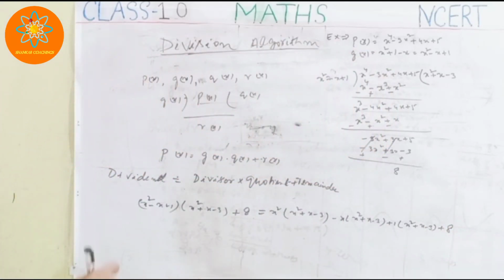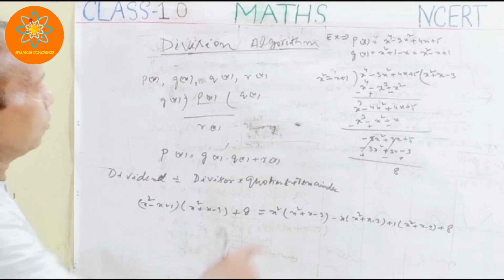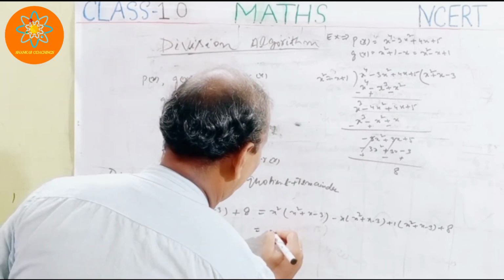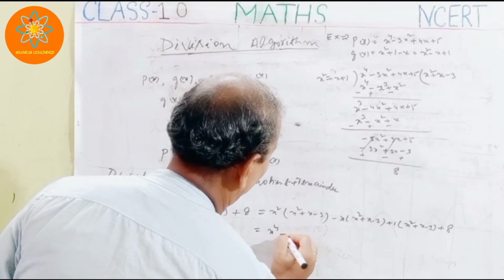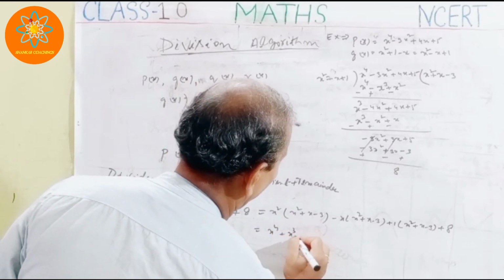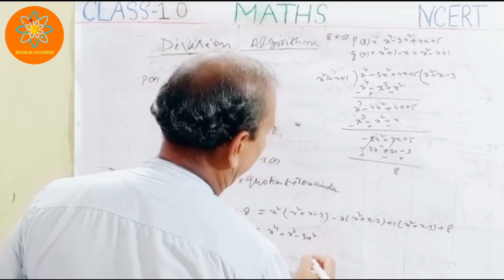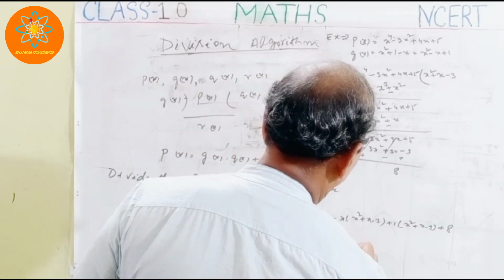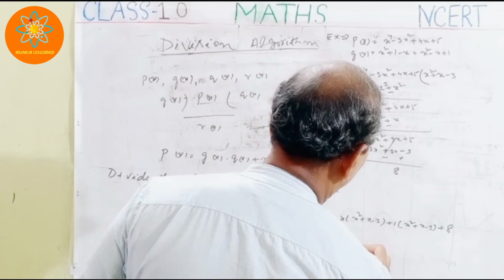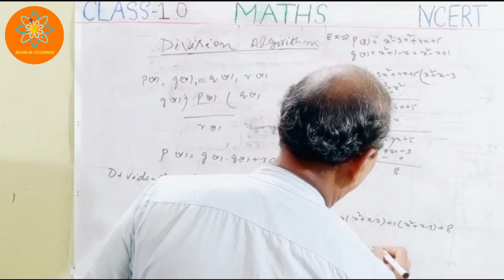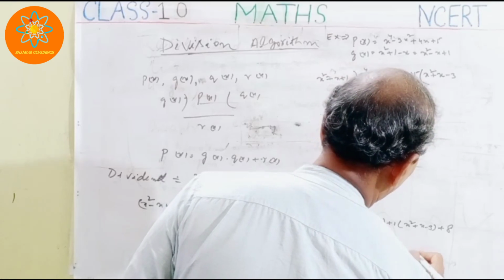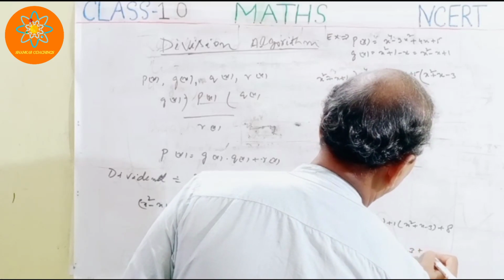So this must be equal to p(x). I will solve this one. So I will get x to the power 4 plus x cube minus 3x square, then minus x cube minus x square plus 3x, then plus x square plus x minus 3 plus 8.